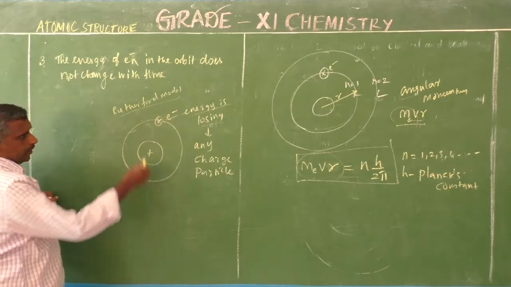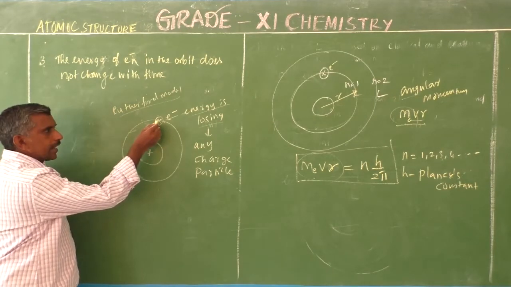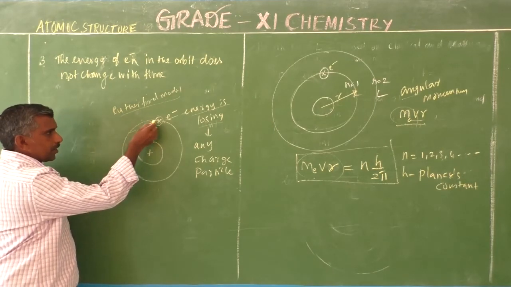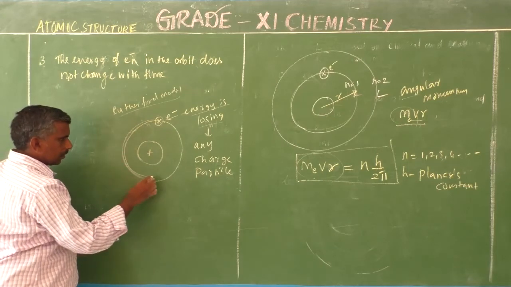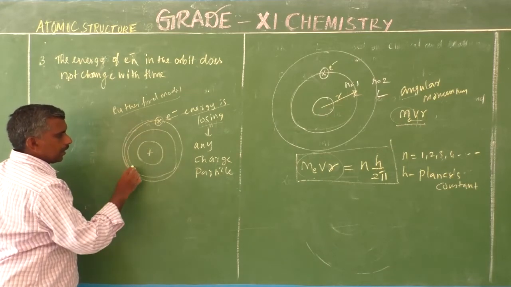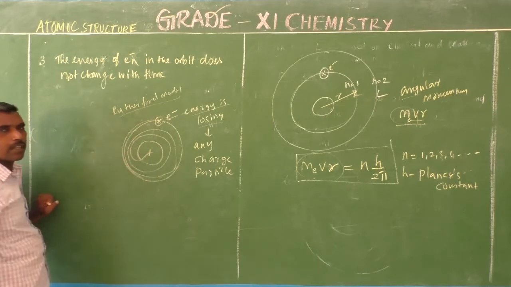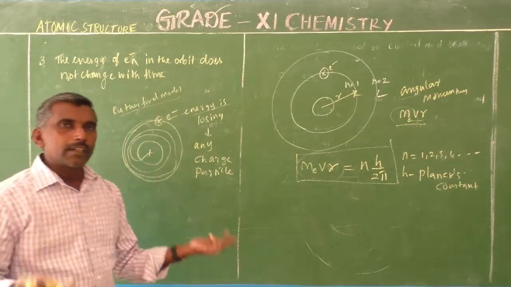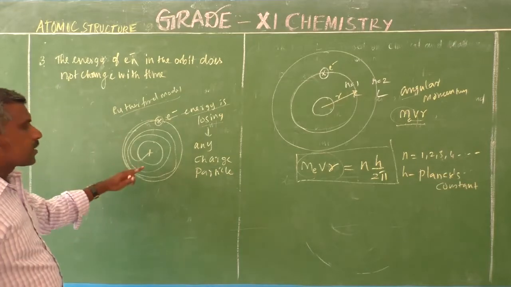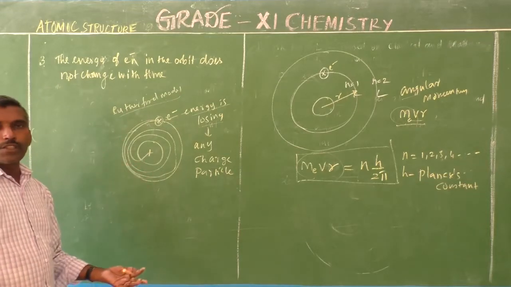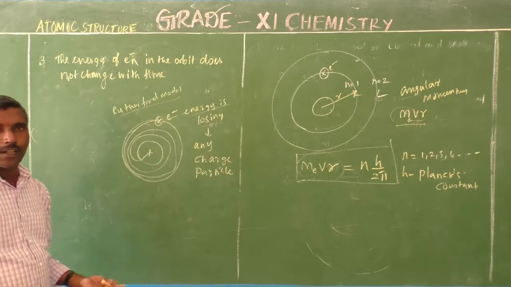So the electron loses energy, then the path is not circular but a spiral path, and the electron falls into the nucleus. The atom would be destroyed. But this does not happen naturally. The atom is not destroyed.